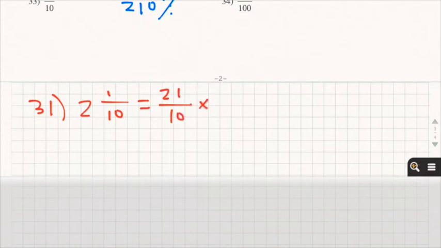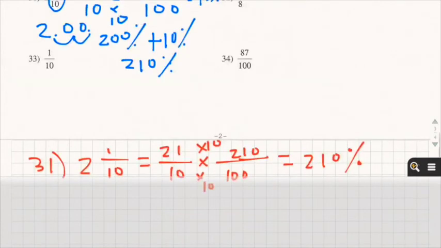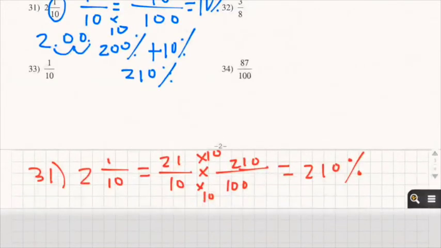And again, because we have it in the form where we can easily multiply the top and bottom by a factor to get the denominator as 100, we can just multiply the bottom by 10 to get 100 here, multiply the top by 10 to get 210 up top. Again, because percent means out of 100, we have 210%, which is the same as what we got when we did it the other method.